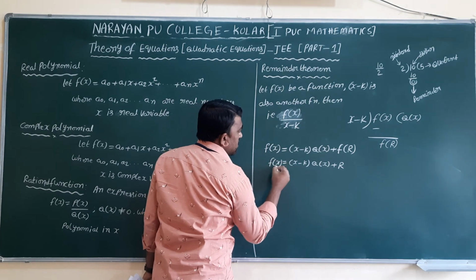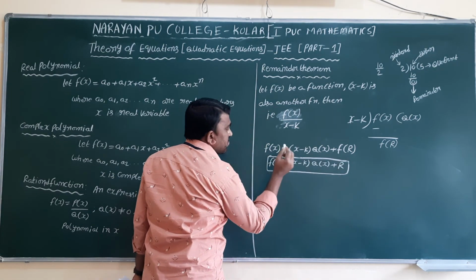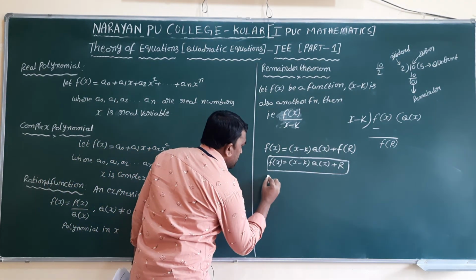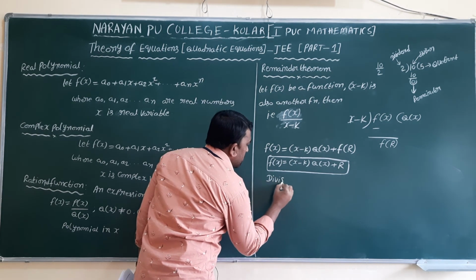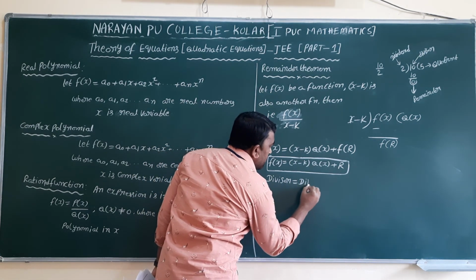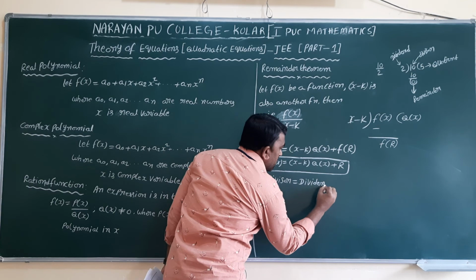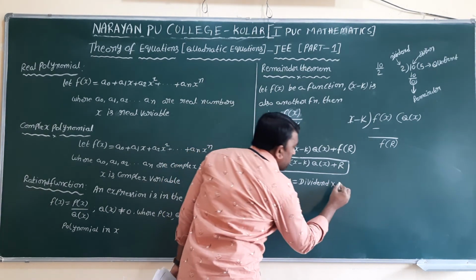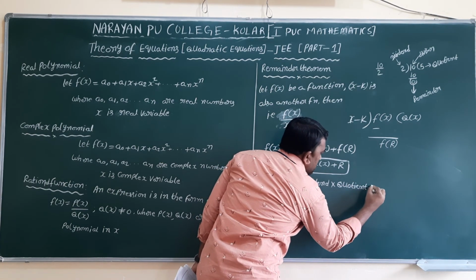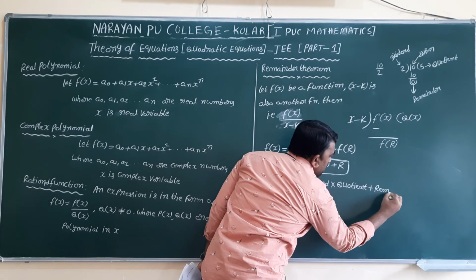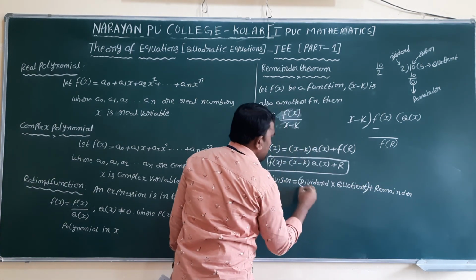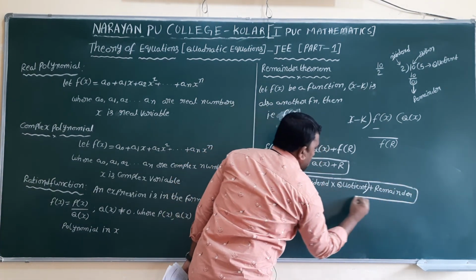This is the remainder theorem, where f of x is the dividend, x minus k is the divisor, q of x is the quotient, and r is the remainder. So this is the expression for the remainder theorem.